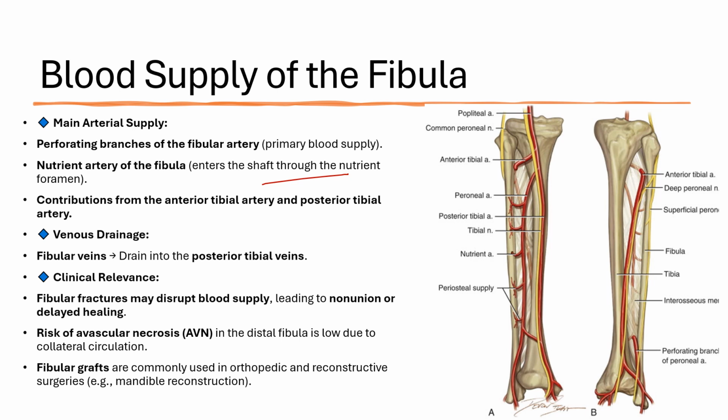If the fracture occurs at the distal end of the fibula, there is a good chance of avascular necrosis, because the distal end of the fibula does not have any direct supply. It gets its supply from the collateral circulation, so an injury at the distal end can lead to avascular necrosis.